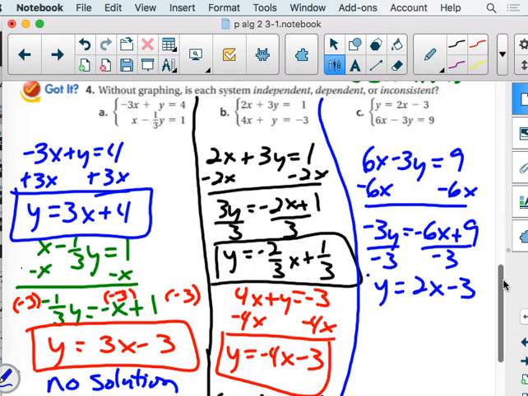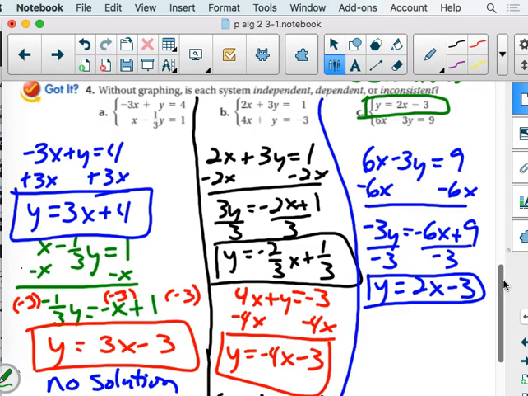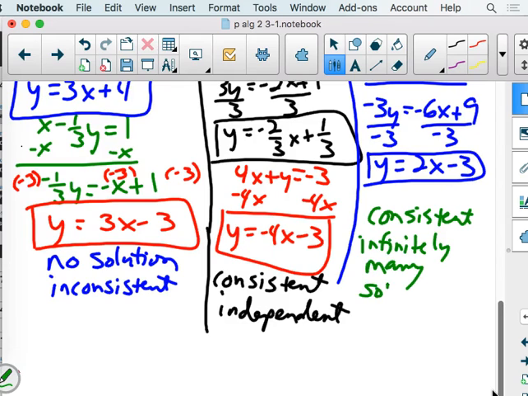Blue one. Green box. What do you notice? They're the same line. That means this has infinitely many solutions, but it is consistent because we get to give them a solution. So consistent, infinitely many solutions.